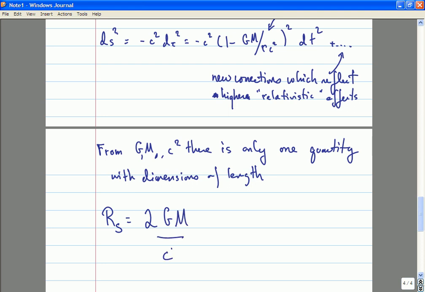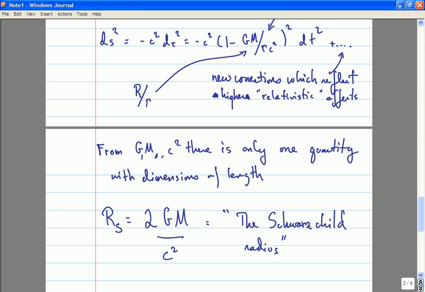So this is the quantity with dimensions of length formed from a mass, Newton's constant, and the speed of light that is referred to as the Schwarzschild radius of an object with mass m. And we can see that the quantity that appears here in the metric is just the ratio of the radius to the Schwarzschild radius. So sometimes I'll be lazy and drop that superscript s. I'll just call it capital R.